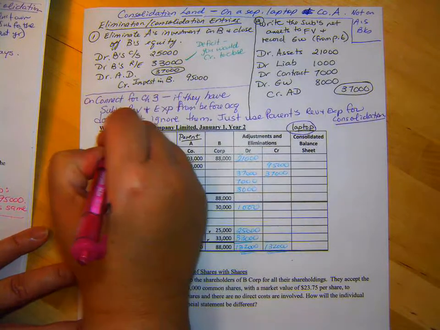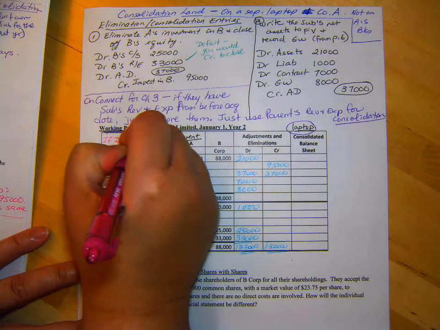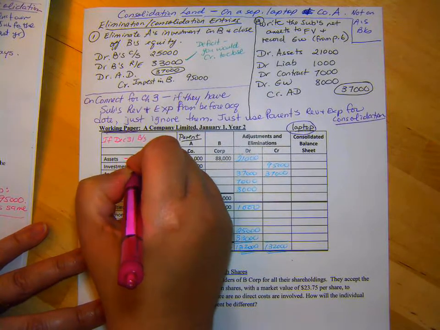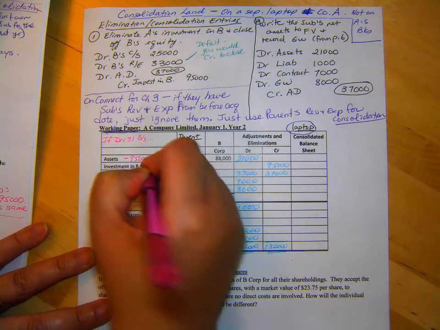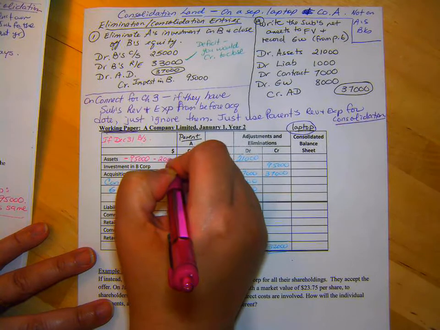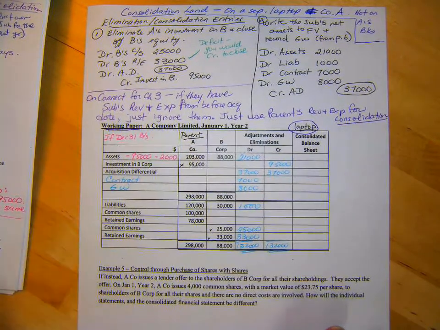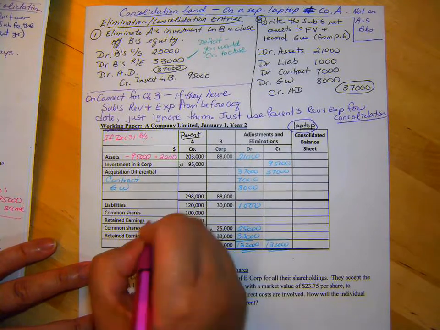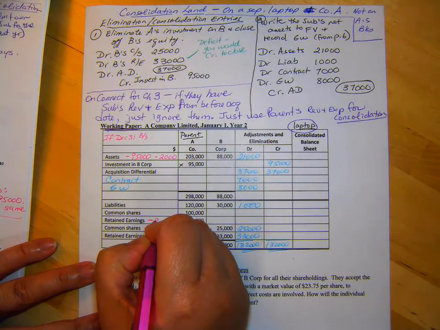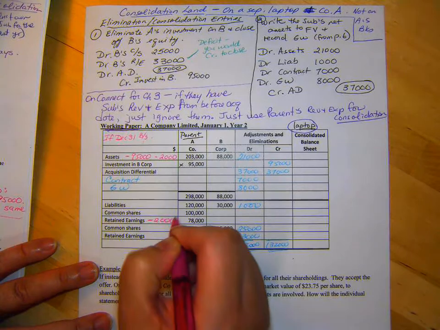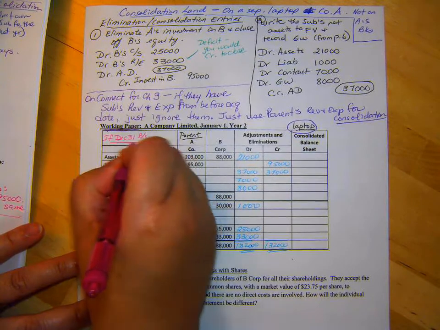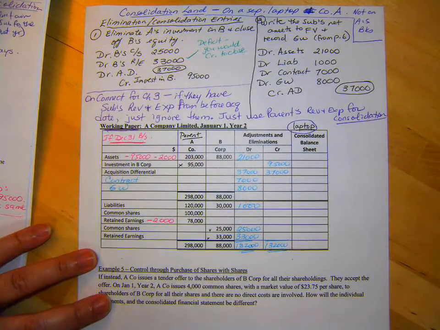So on a December 31st balance sheet, we would have to take out the $95,000 and the $2,000 in legal expenses. And down here, the parent's retained earnings, we'd have to take out the $2,000. Okay? So if they gave you December 1st balance sheet.